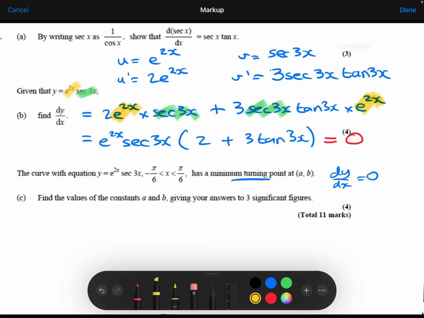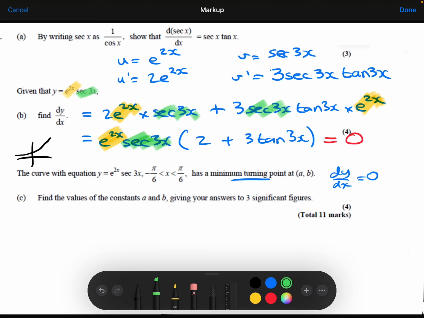Let's look along the line here. E to the power 2x, I know that that cannot equal 0. Remember what the exponential graph looks like? It looks like this. It never equals 0, which is good because it means I don't need to worry about that. Next, the sec 3x.